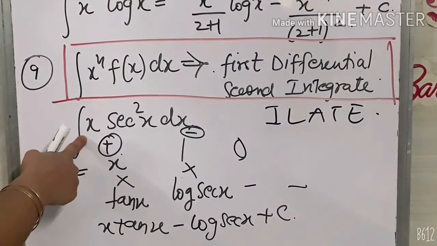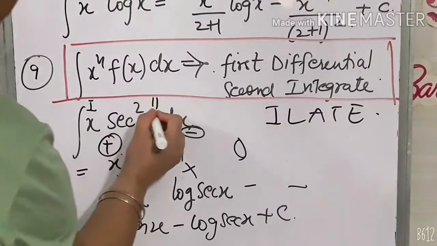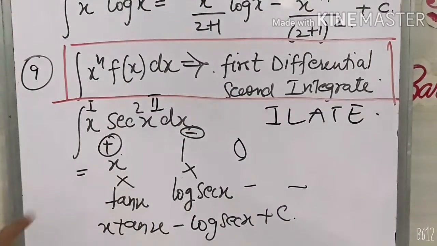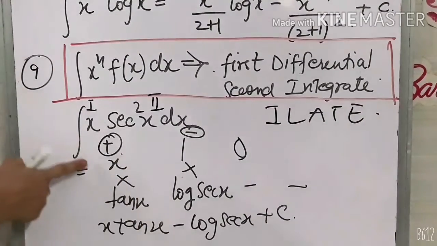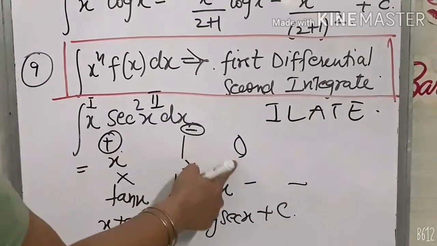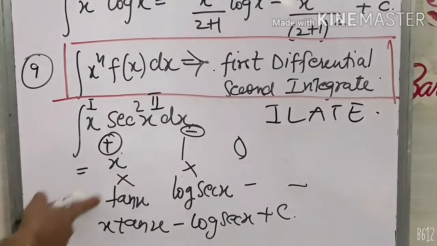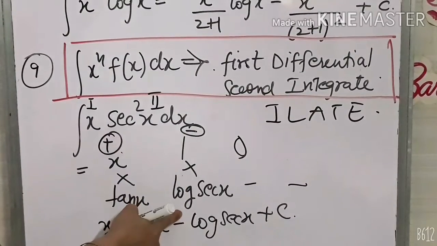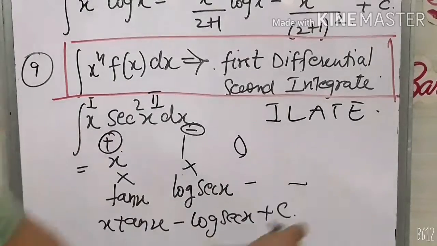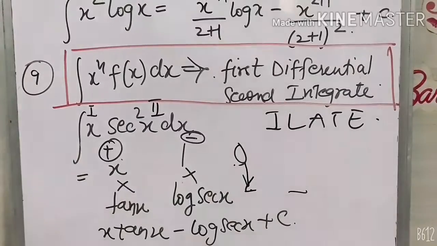Now, x square x means, if I am writing, see here, what is your first function, algebraic, trigonometric is second. That means, first function I differentiated x, differentiation 1 and then 0. Similarly, sec square x ka integration is tan x.